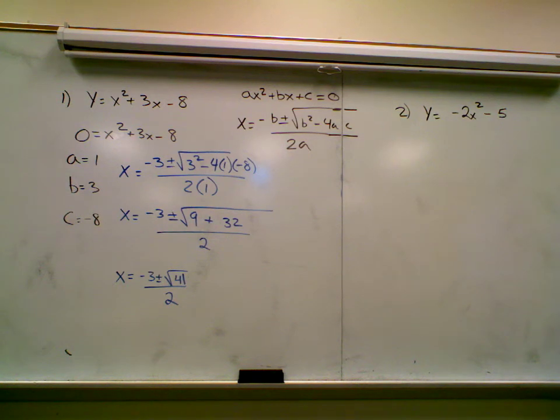So now, I have this plus or minus thing. Why do I have this plus or minus thing? How do I do a plus or minus? Why do you think we have the plus or minus?